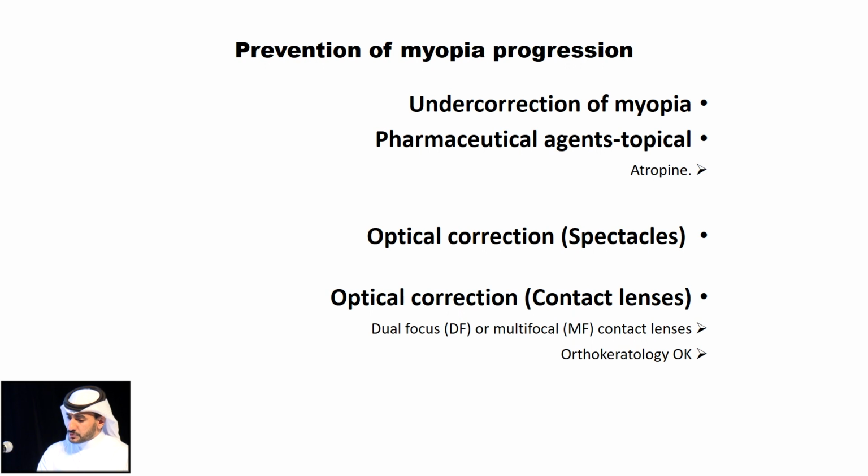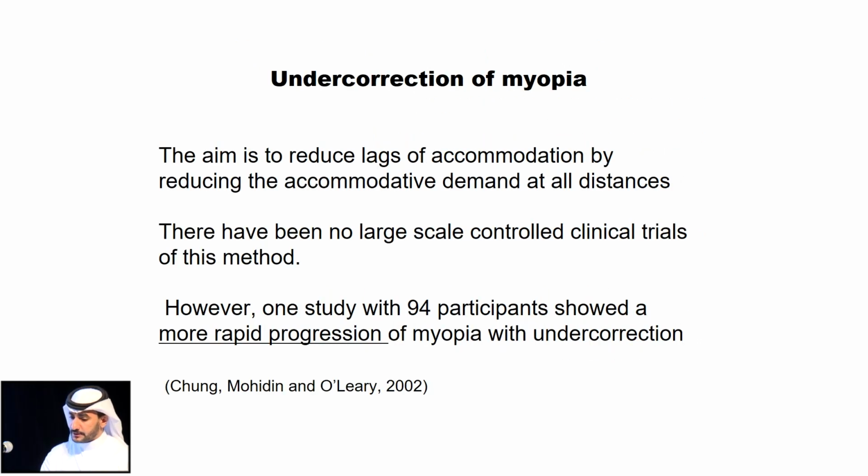Scientists also used atropine drops to control myopia, and they used optical correction, including spectacles, multifocal and bifocal lenses, and also dual focus multifocal contact lenses, and they used ortho-K. The aim of under correction is this: when you have a -4 patient, you prescribe -3.5 or -3. You make the myope under corrected by 1 or 0.5 diopter sphere.